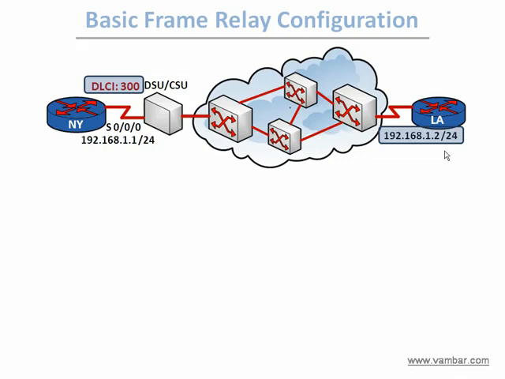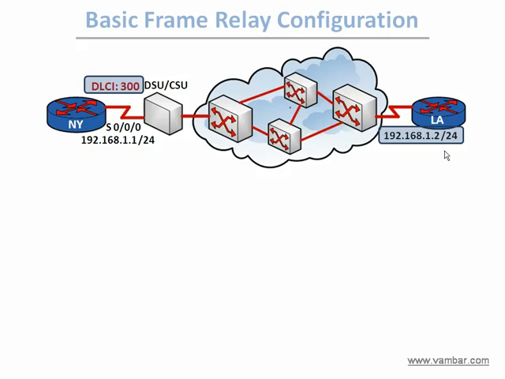Also, another reason why you would not want to use inverse ARP to map your local DLCI to the remote IP address is that sometimes the encapsulations on the LMI on the two ends might be different, and inverse ARP cannot perform the mapping statements correctly.